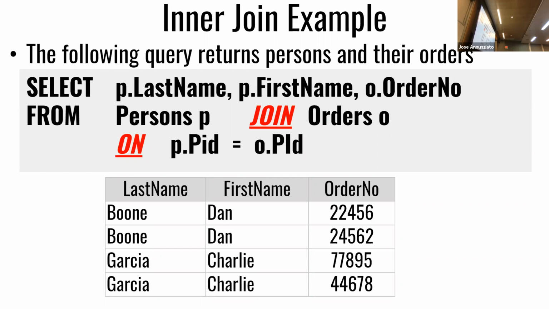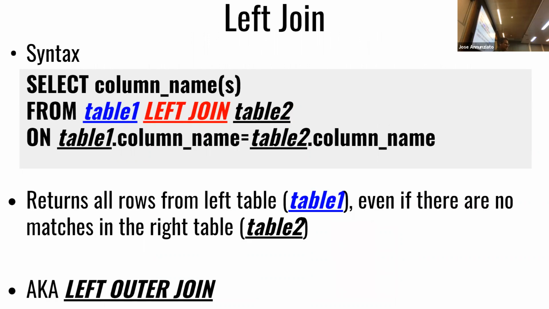Now, would we expect anything else than this? Is there anything that you could possibly want other than just this? For instance, left join. So left join says, okay, I know there are records that are associated, yes, give me those. But in addition to the ones that match, which are natural, I also want the ones that don't match from the left table.